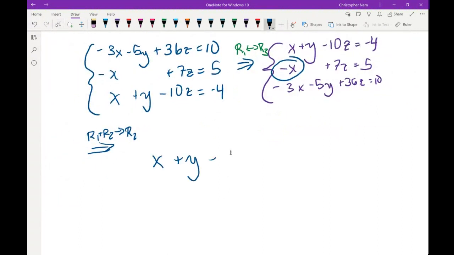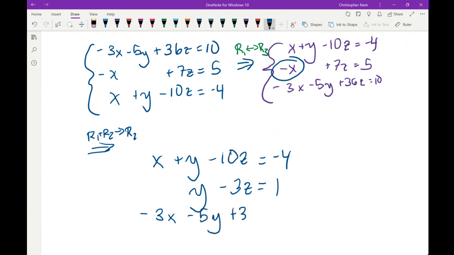I have x plus y minus 10z equals negative 4. Then the x's cancel out. I gain a y out of that. And then I get a minus 3z equals 1. So I gained a y just because I was able to add it. So that's nice. Negative 3x minus 5y plus 36z equals 10.